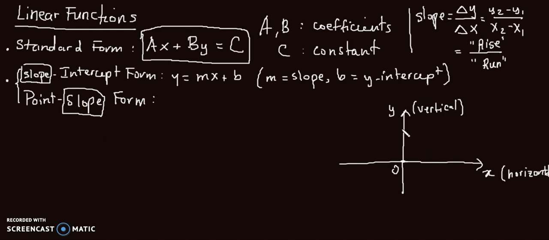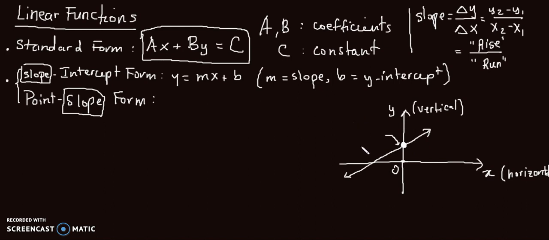So the intercept is anything that cuts the OX or OY. For instance, suppose I have this line here, where would my y-intercept be? My y-intercept would be this point here, because this is where the line cuts the OY.